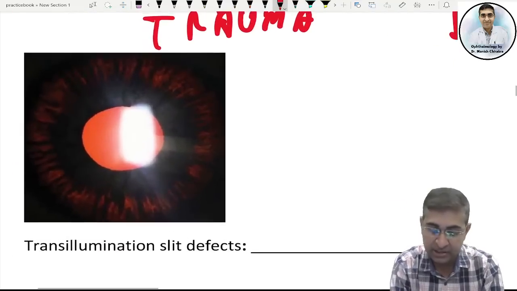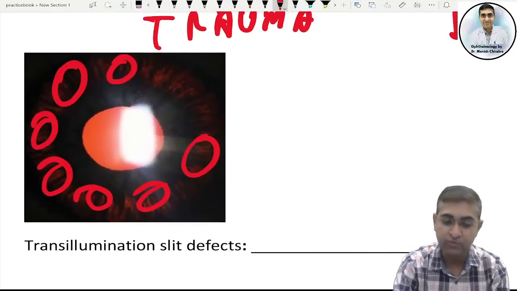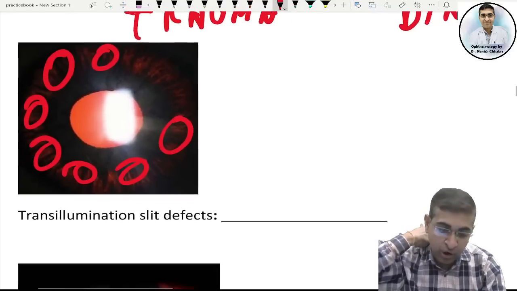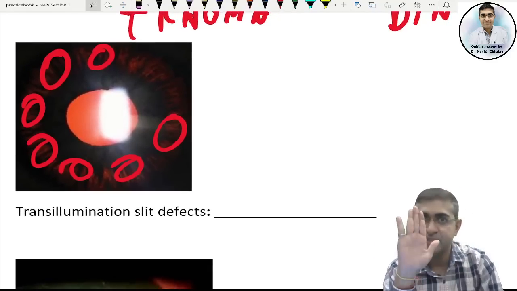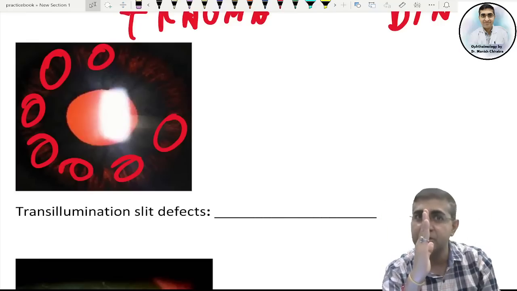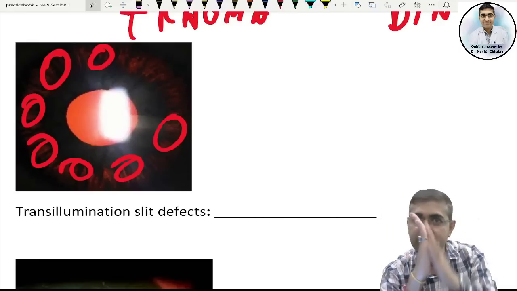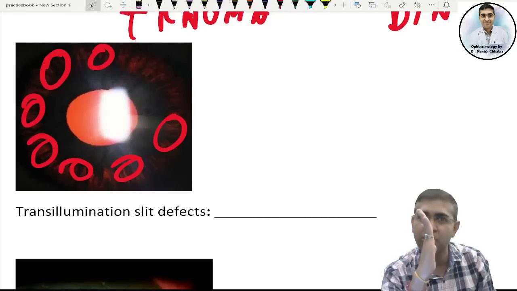Okay, what is this? Can you appreciate the transillumination slit defects? Why is it so? A normal iris is like this, anterior, posterior, with a slight convexity anteriorly. But in some patients it becomes concave anteriorly.